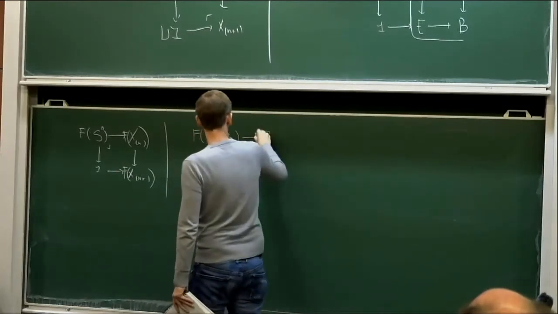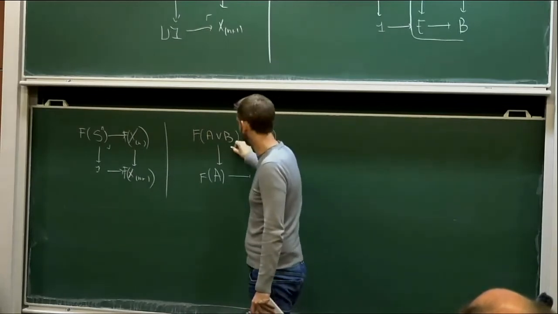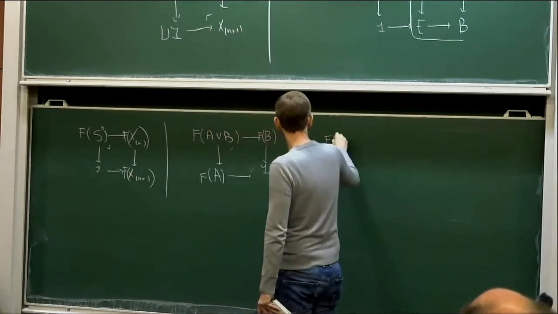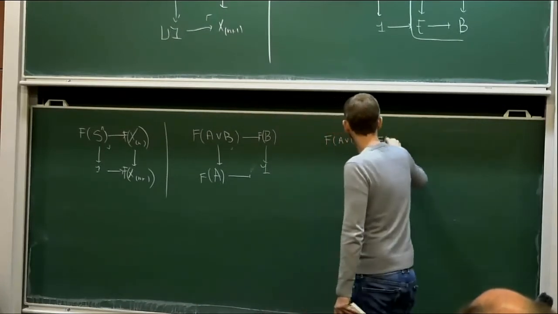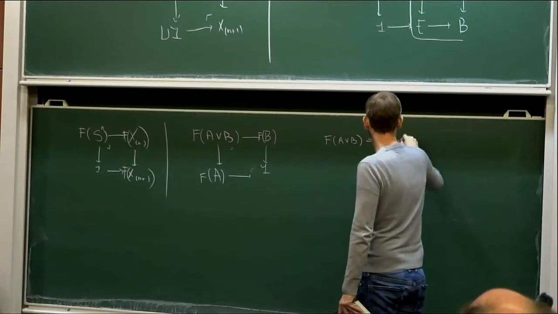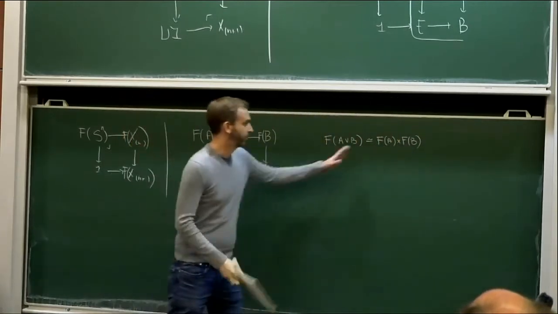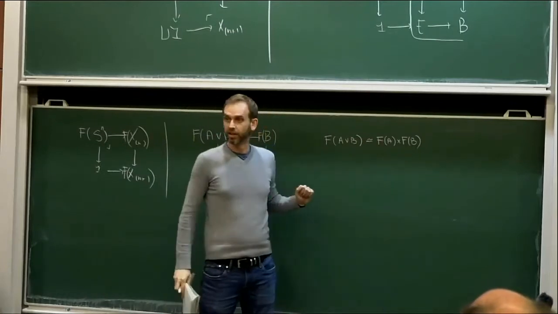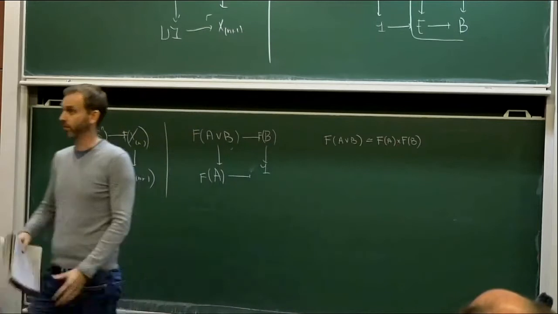F preserves 1, and this becomes a pullback square. So I learned that anytime I have such a functor, its value on a wedge is the product of its values. And again, this is another situation where if I look at the homotopy groups here, the homotopy groups are compatible with limits. They'll just be the product.